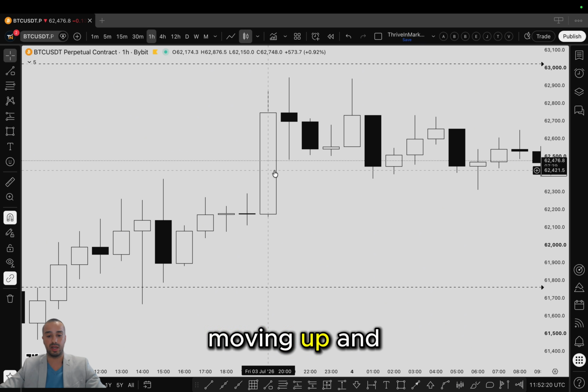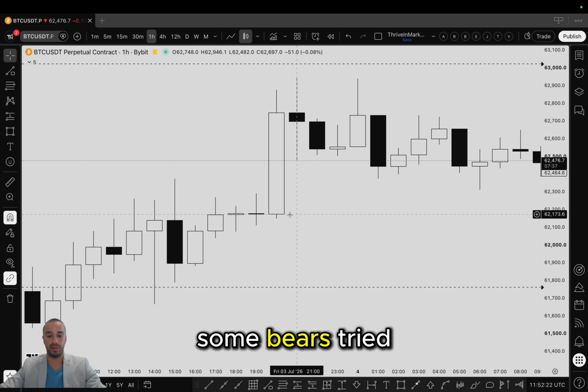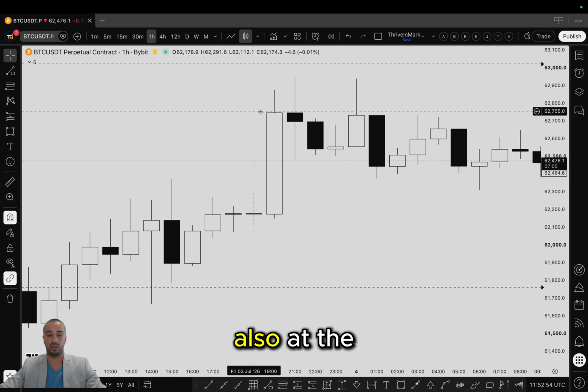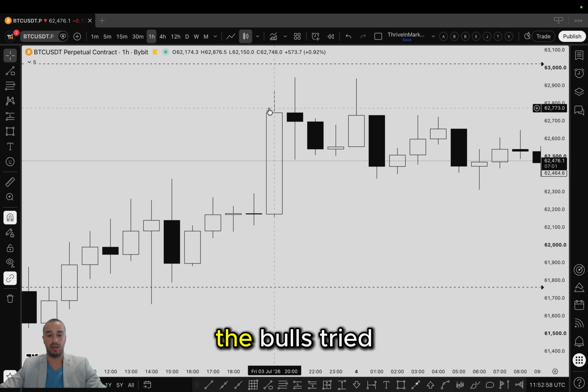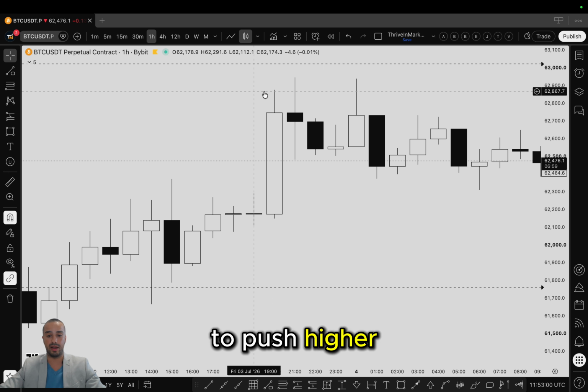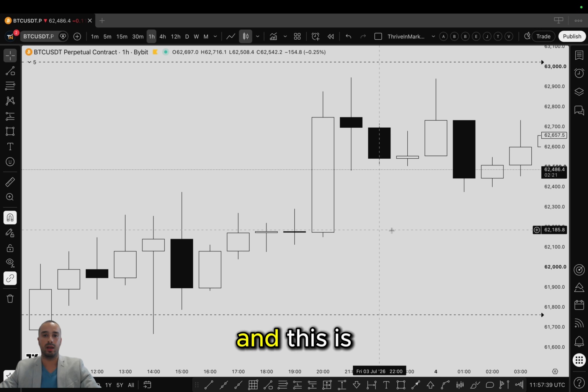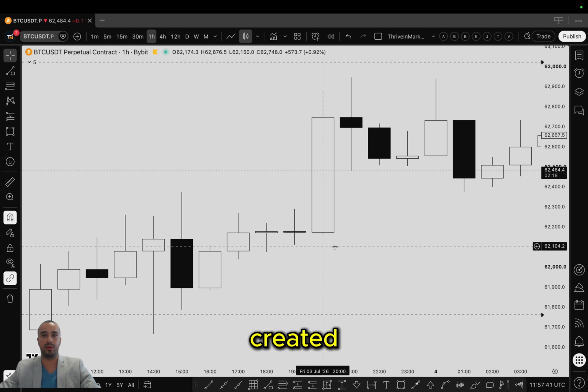While it was moving up and down, some bears tried to push it lower than the opening price, which they failed, and then the price went up. Also, at the upper wick, the bulls tried to push higher, but bears brought it down, and so the closing price came at $62,746. And this is how wicks are created.